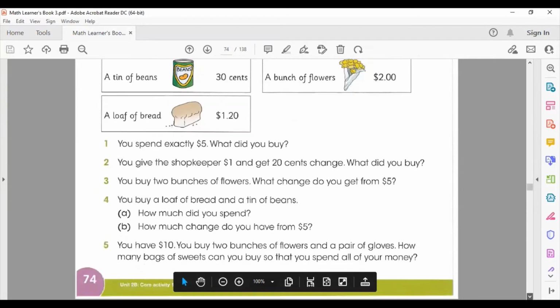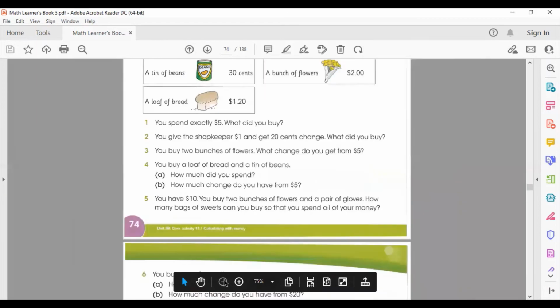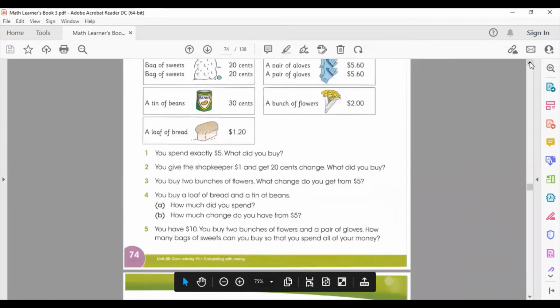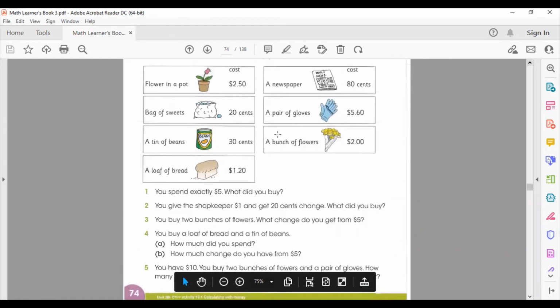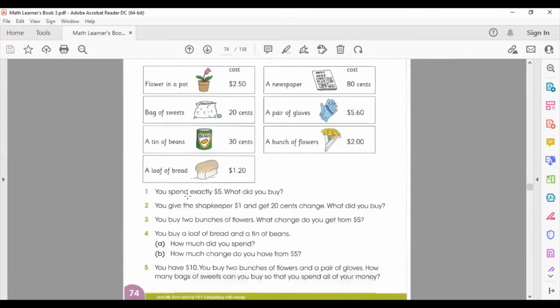Let us solve the question. You spent exactly $5. We need this information also. You spent exactly $5. What did you buy? If you want the easiest answer, we can buy this one. One flour in a pot costs $2.50.